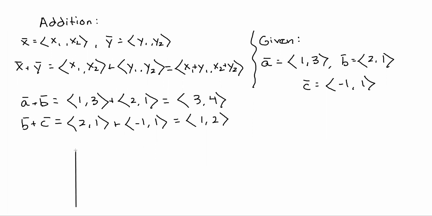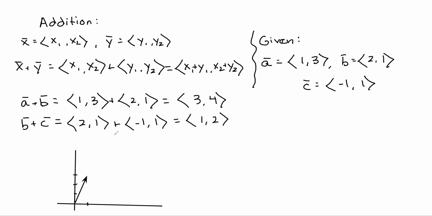So we start off with a coordinate axis, and take the vector 1, 3, so that would be 1, 1, 2, 3. That's vector A. Now the definition we used for geometric addition earlier is we put the initial point of B at the terminal point of A. So we want to start here and then draw B.